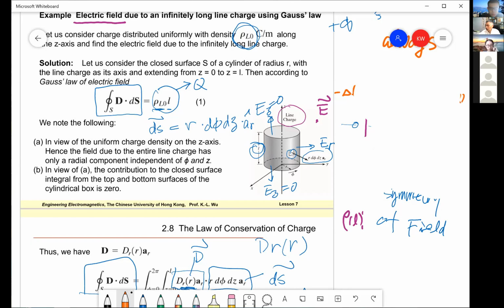You must have a Z component as well, not just the R component. So that means we already used the infinitely long condition. From it, we draw the conclusion that the field only has an R component, and the field is uniform, independent of the direction of phi and also of the location.